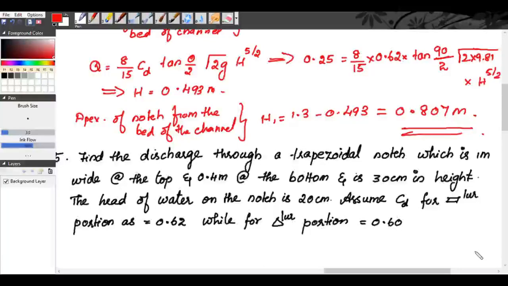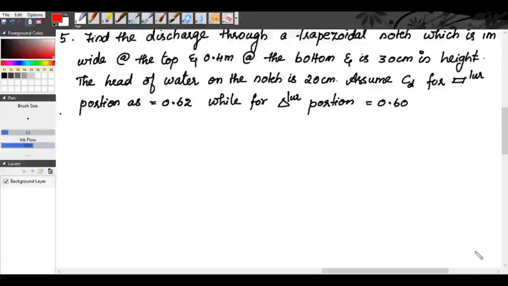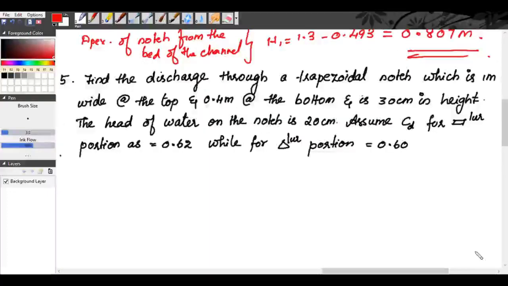Now, the next problem is finding the discharge through a trapezoidal notch which is 1 meter wide. So, the notch is 1 meter wide at the top, so length is not 1 meter.